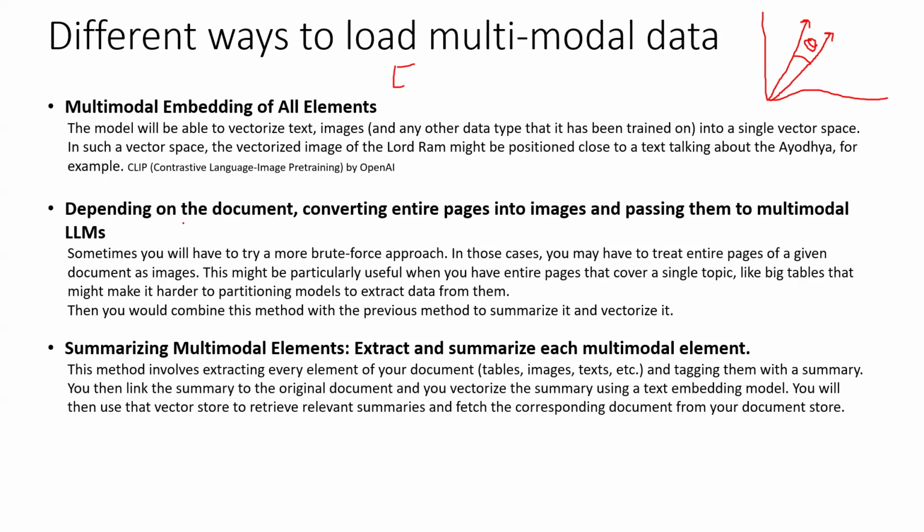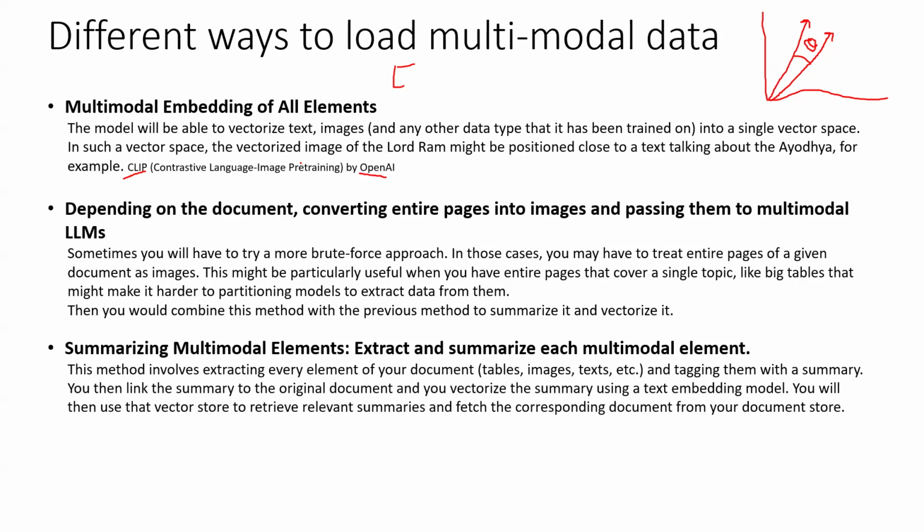We will import their libraries. For example, CLIP is such a model. This is also from OpenAI. So if I need to deal with data having text as well as images, I will just use the CLIP embedding model, give these images as input, and it will automatically create those vectors out of it.